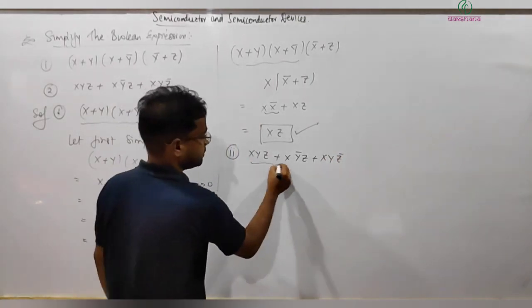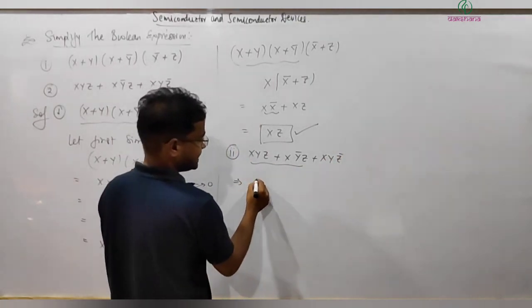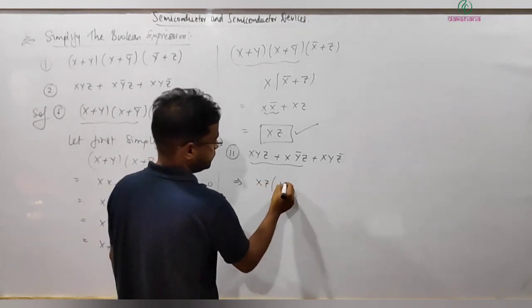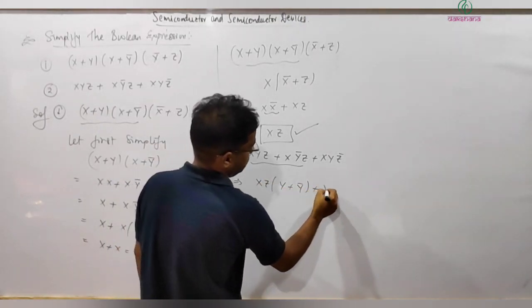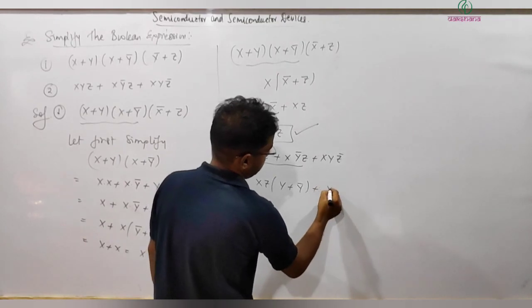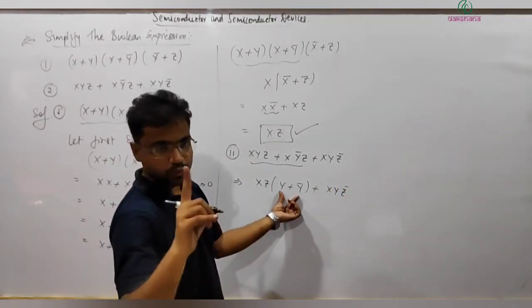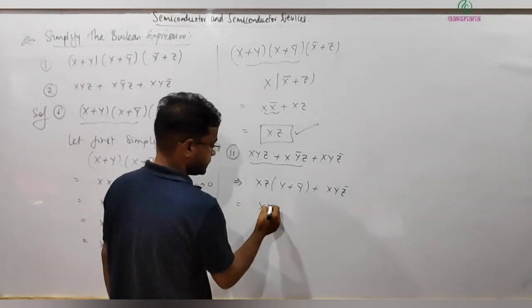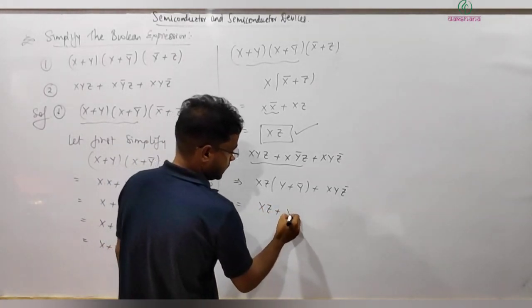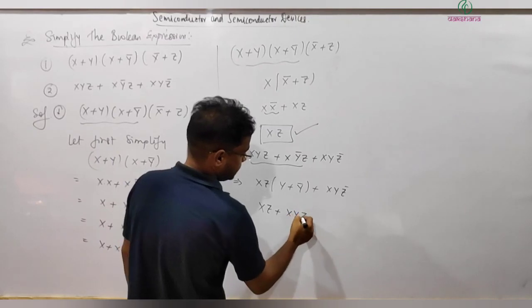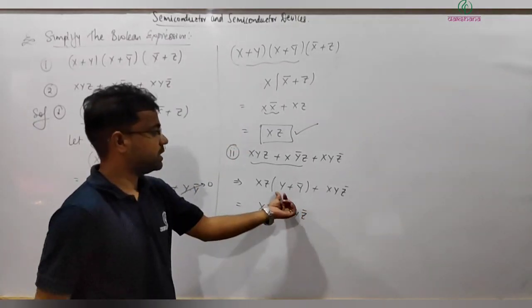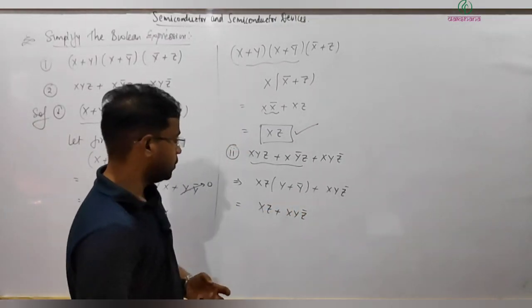Again, let's first go for this, and this implies xz(y + y') + xyz'. So y + y' is 1, then this is xz + xyz', because this quantity will be simply equal to 1.